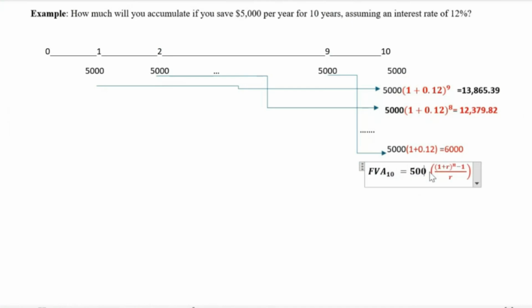PMT 5,000, R 0.12, and 10. Again, 0.12. So just one formula will solve the problem.